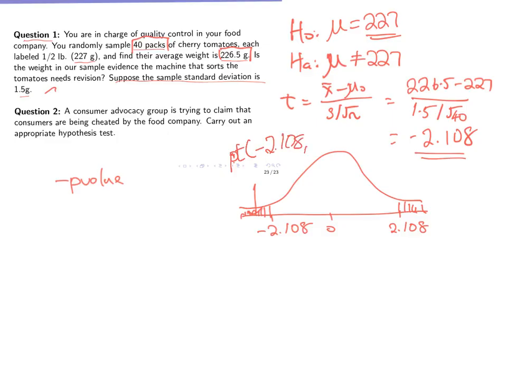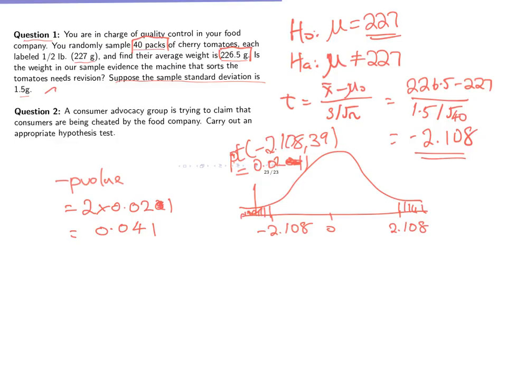The degrees of freedom is sample size minus 1, so that's 39. If you work this out, this should give you a probability of 0.0201. The p-value is going to be twice this value, because we want the two tail ends. If you work it out, 0.041, I believe. Oops, no, it's 0.041 here, so there's no extra 0 there.